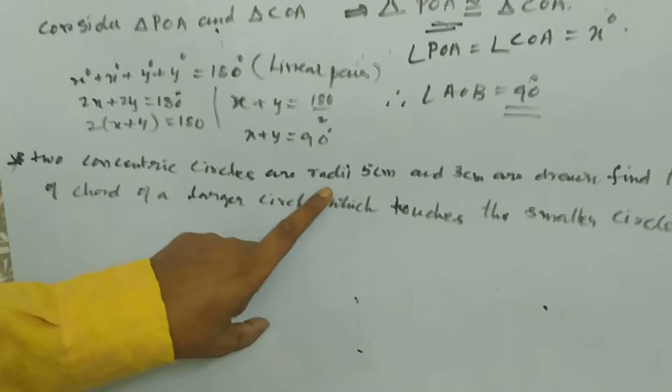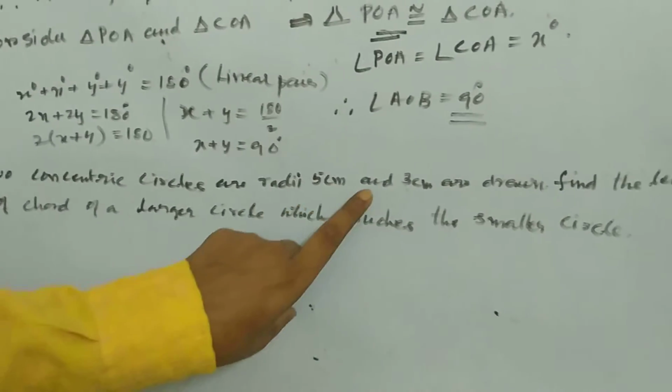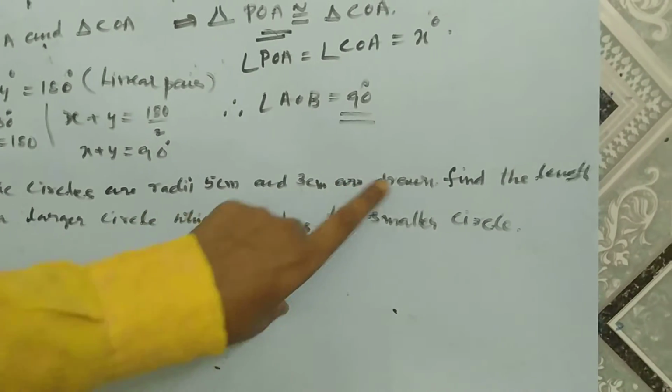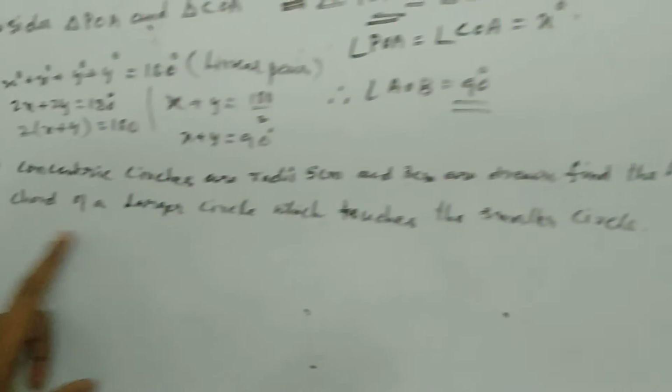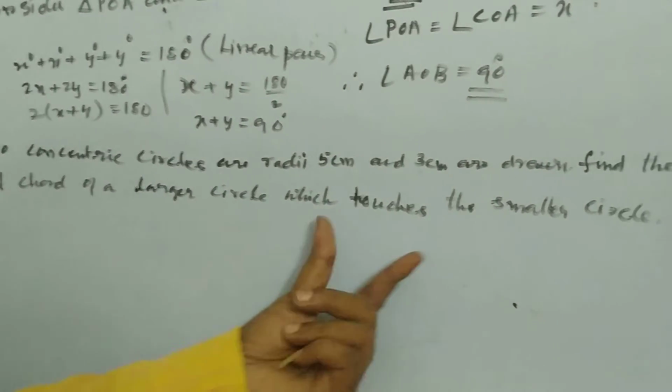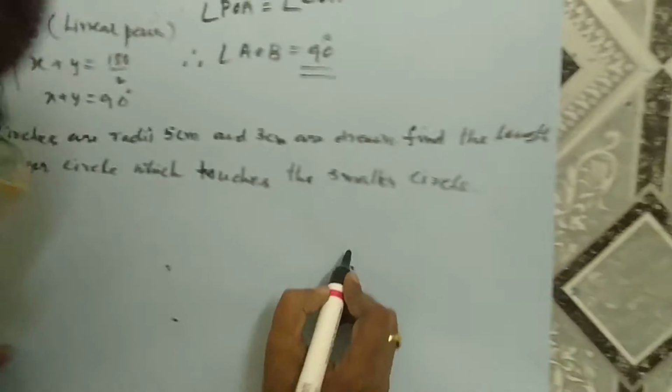Next question: two concentric circles of radii 5 centimeters and 3 centimeters are drawn. Find the length of the chord of the larger circle which touches the smaller circle.